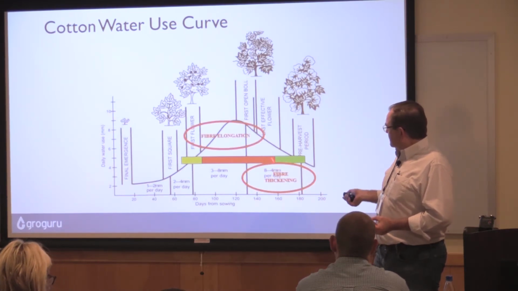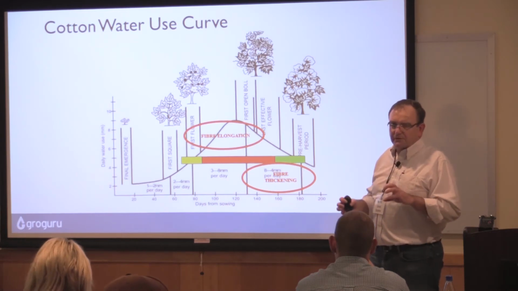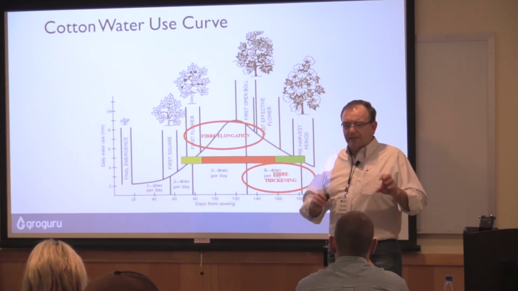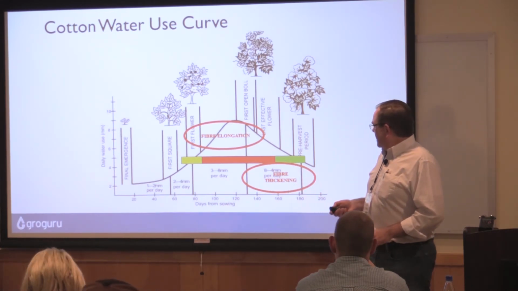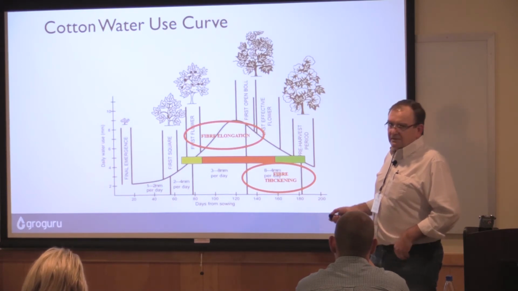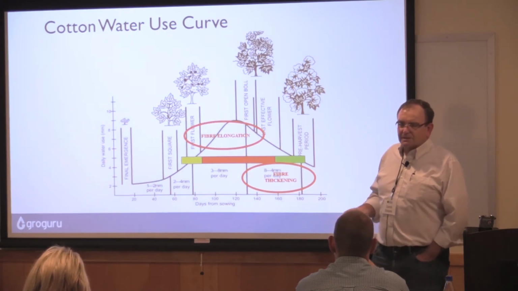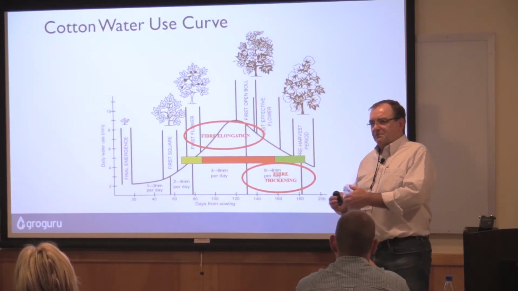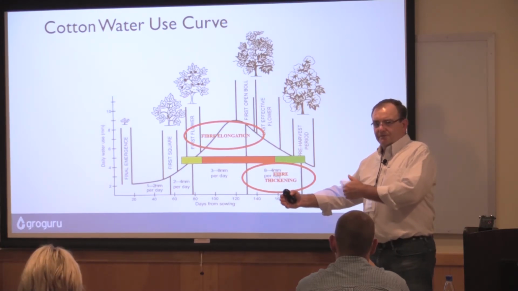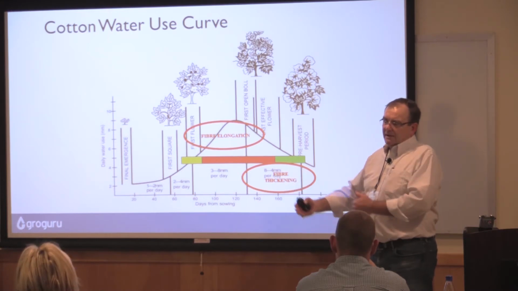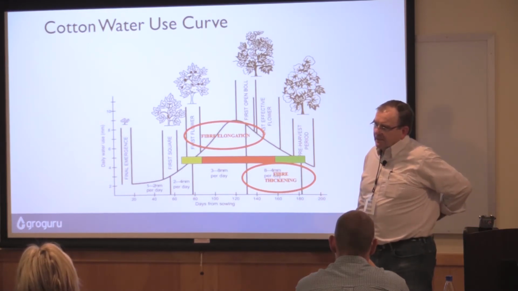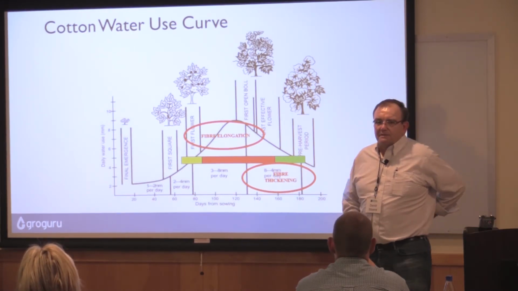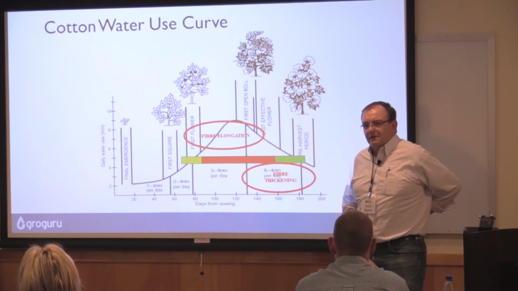So, fiber elongation, fiber thickening, and of course you've got fruit at different maturity dates because they're all laid down at different times. But this is where, right at the end of the season, heat is going to have as much to do with it as anything. But don't get greedy and keep pushing. It's probably going to take about 35 days, I think, to go from square to mature boll.